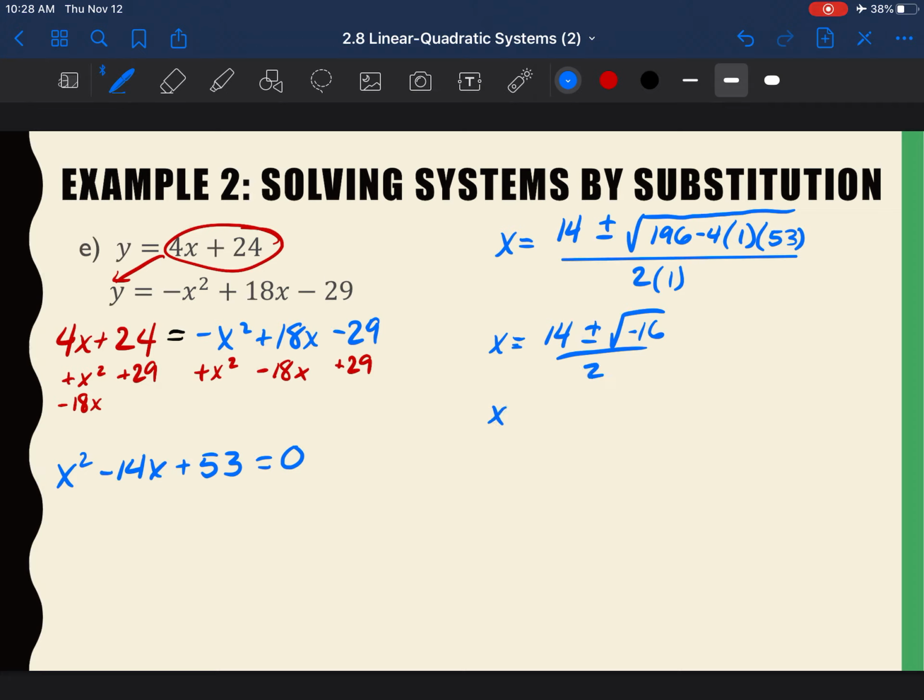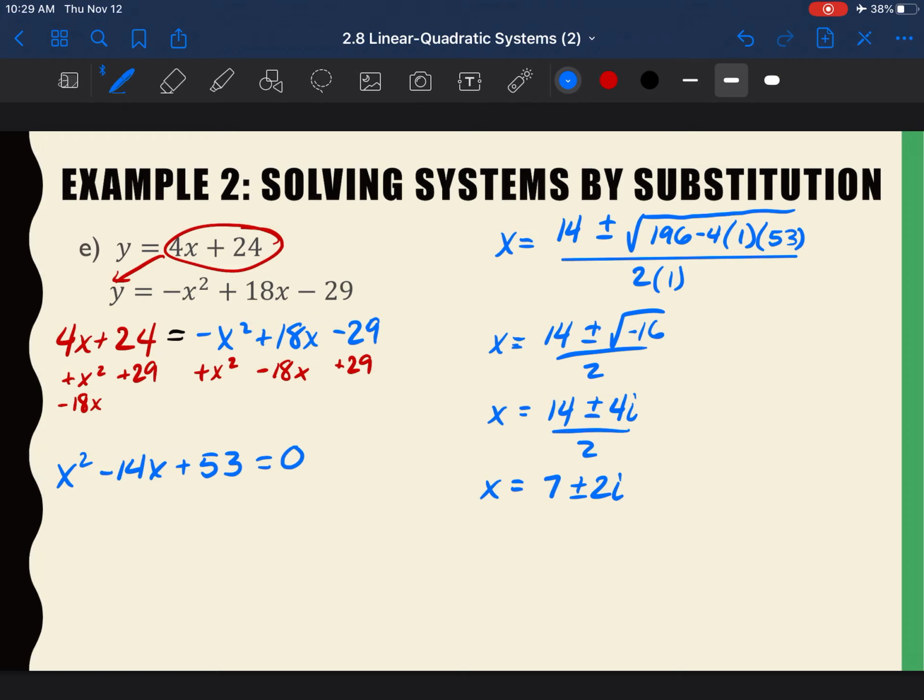When you solve this, you get 14. Square root of 16 is 4, but since it's negative, it'll be 4i over 2. So your answers are x equals 14 plus minus, well, you'll divide by 2 on both numbers, so now it'll be a 7 plus minus 2i.